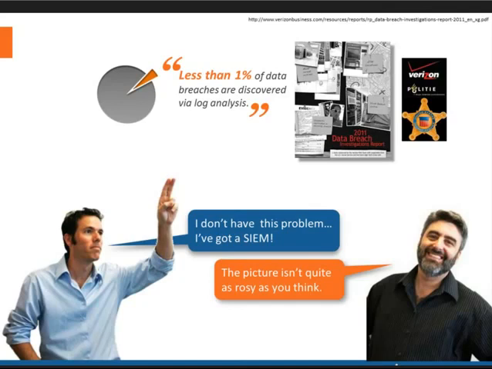Less than 1% of data breaches are discovered via log analysis, a ridiculously low number. What that's pointing to is the fact that despite having log analysis platforms and SIM platforms deployed, we're not effectively using them for security monitoring and security detection. Which of course begs the question immediately, why is that?